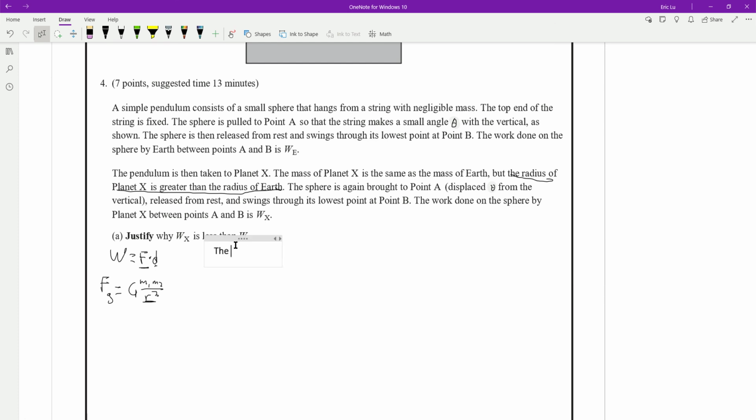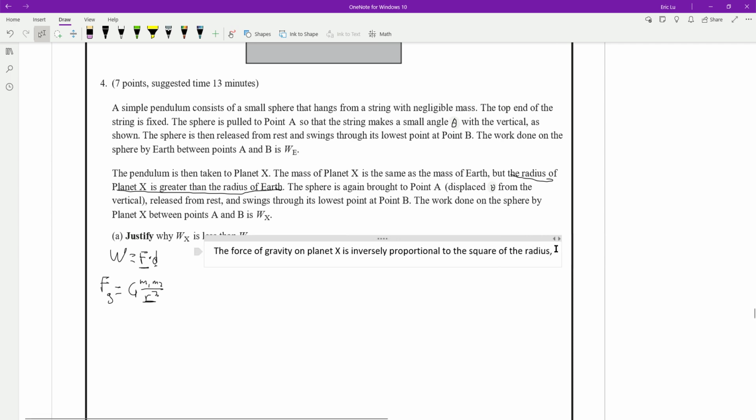The force of gravity on planet X, first we can see that it's inversely proportional to the square of the radius. And I will leave it here.